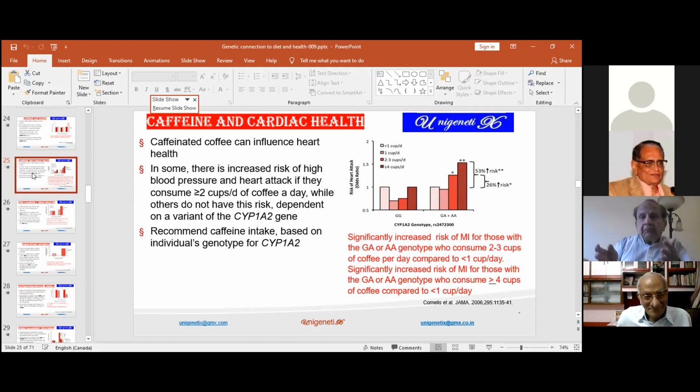So whether you're focusing on the health of the person or focusing on the fact that you want to get him to regulate his coffee intake, it's best to do a genotype and find out the CYP1A2 gene, what the genotype is. And if it is GG, he's fine, not to worry. But if it's GA or AA, then he's at risk, taking too much.